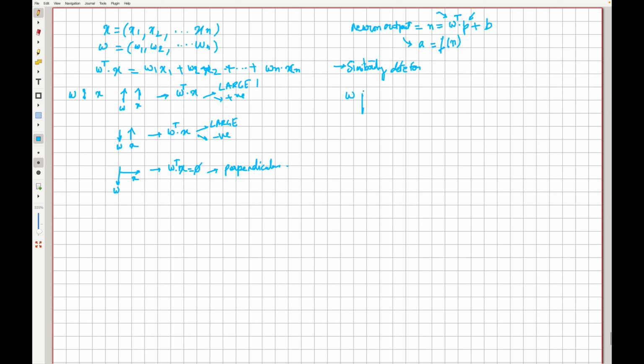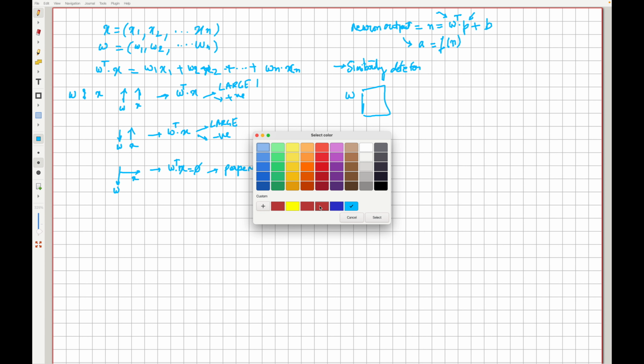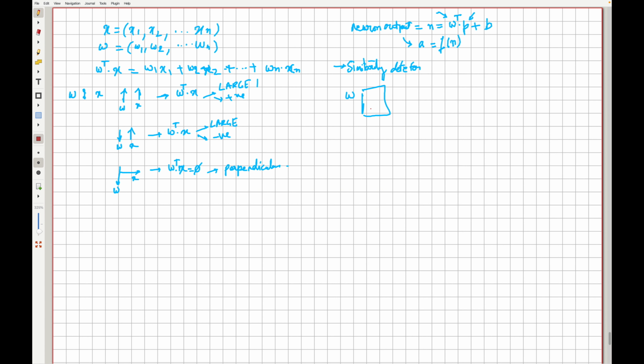We can think of w as some specific pattern that we have, and then if the input is a similar pattern, maybe we get a larger value for the dot product.